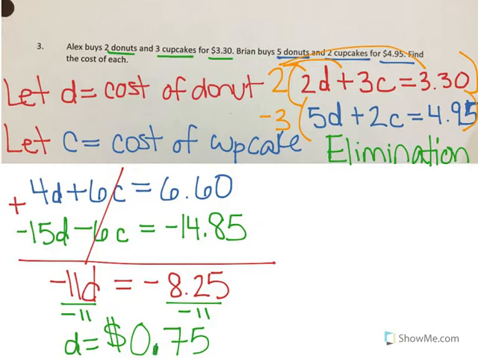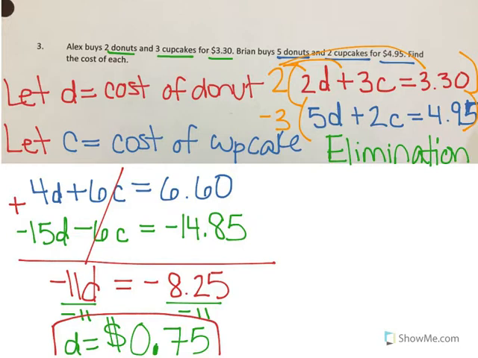Since they want you to find the cost of a donut and a cupcake, we are now going to find how much a cupcake costs. Here you can choose either equation, whatever you decide is easier. I'm probably going to choose the top equation because, again, it has smaller numbers.